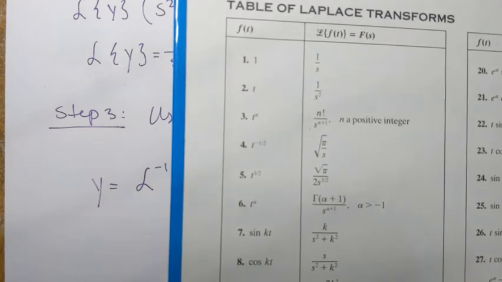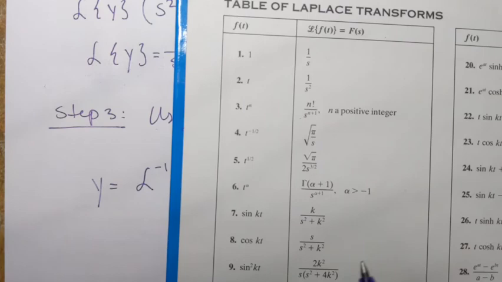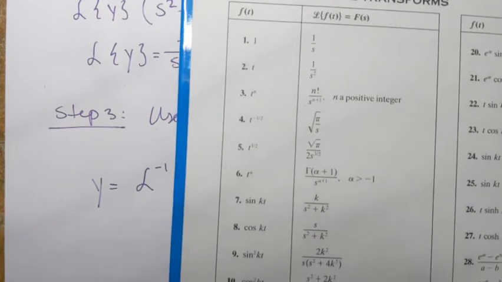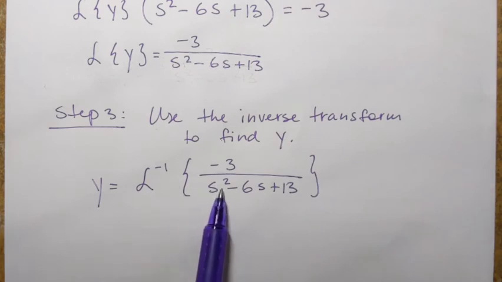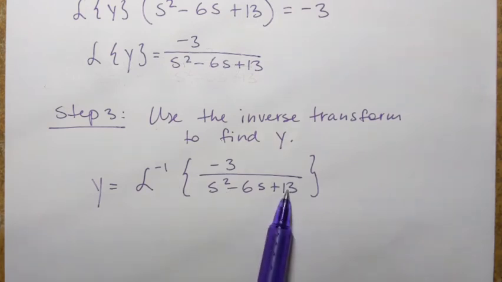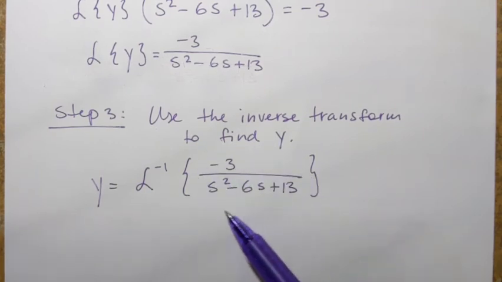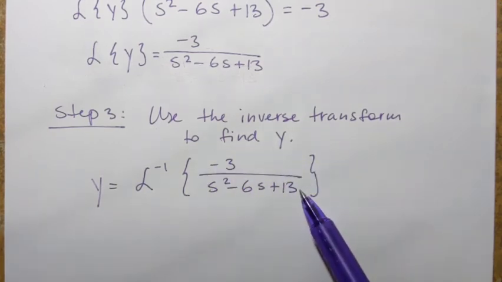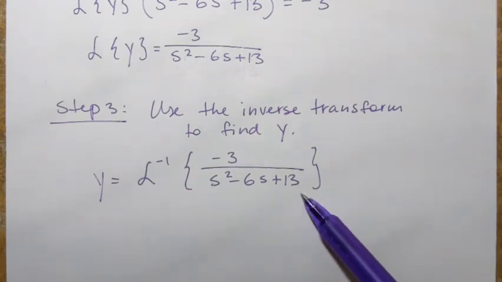And our goal is to find in the table, in the right-hand side column, an expression that resembles the function that we have. And if you look at the table, you're not going to find a function with a quadratic trinomial in the denominator. And there are a couple of approaches that we can take to rewrite this function in a different form. One of them is partial fraction decomposition, and the second approach is to complete the square in the denominator.